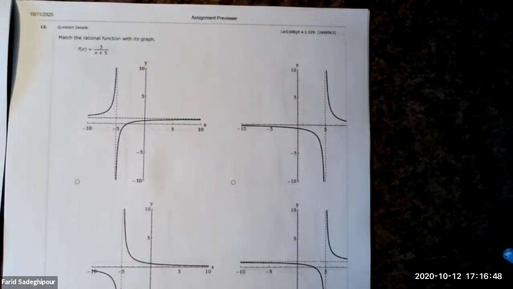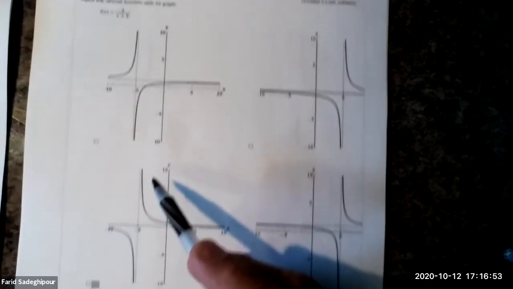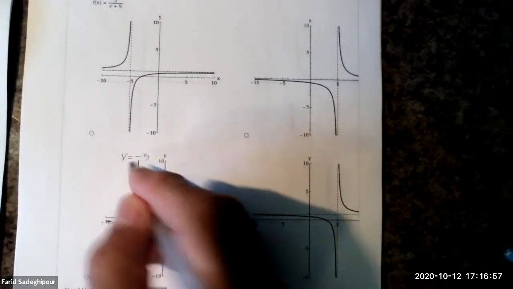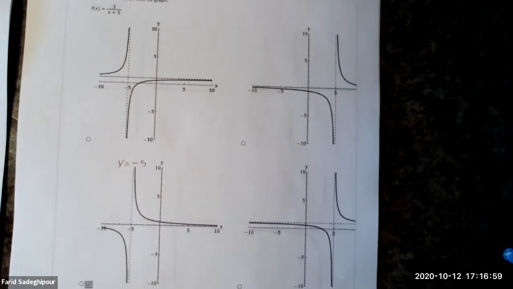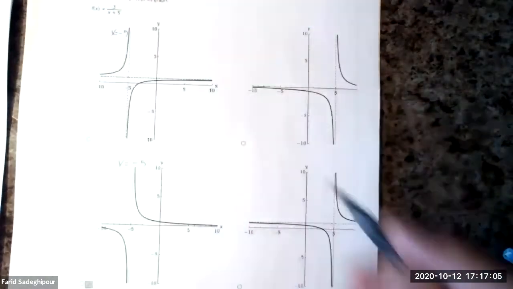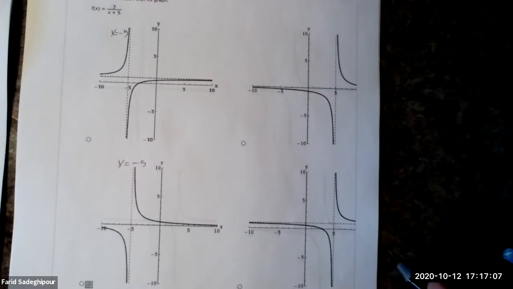To see which one of these has -5 as an asymptote: this one is x equal -5 as an asymptote. This one also has -5.